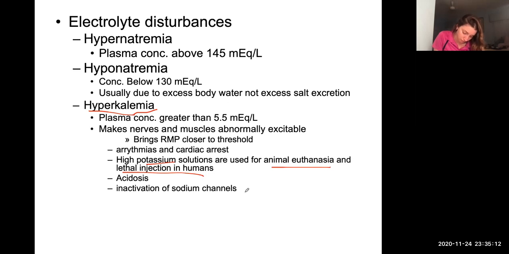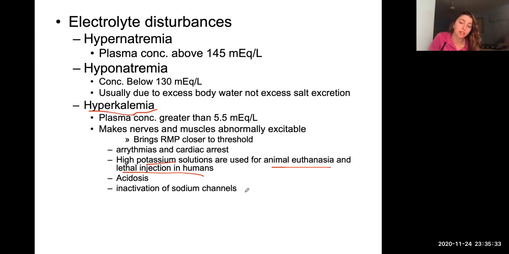So in respiratory acidosis over a long period of time, this would cause hypercapnia, which would make sense. Because if you have an excess of hydrogen ions and you need to get rid of them, what's going to happen?